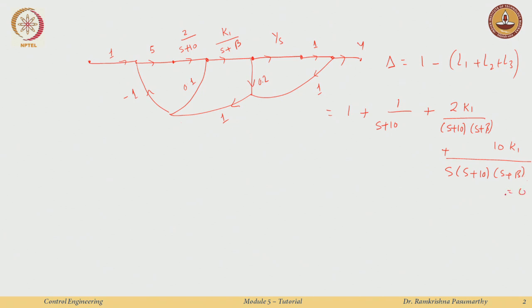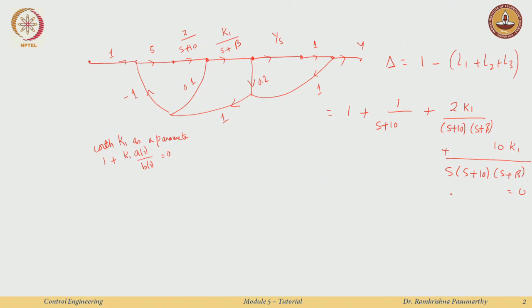So, if I want to draw the root locus with k1 as a parameter, I need to get the equation in the form 1 plus k1 times something in the numerator polynomial a(s) over something in the denominator polynomial b(s) equal to 0. Okay. So, it should look something like this. Now, can I rewrite these equations that way?